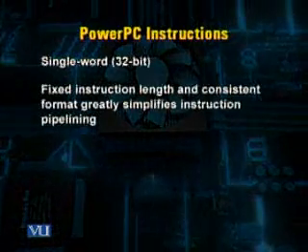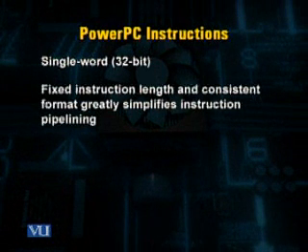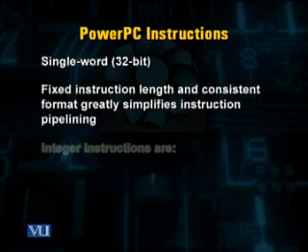That is, the operand access and the instruction decoding takes place simultaneously. This fixed instruction length and the consistent format greatly simplifies the instruction pipelining. This we have already studied in detail when we talked about the pipeline architecture.